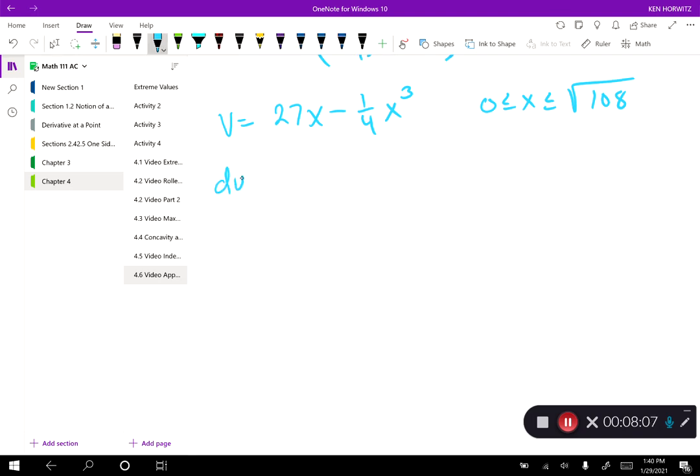So if we do dV/dx, we get 27 minus 3/4 x squared, and we're going to set that equal to 0.